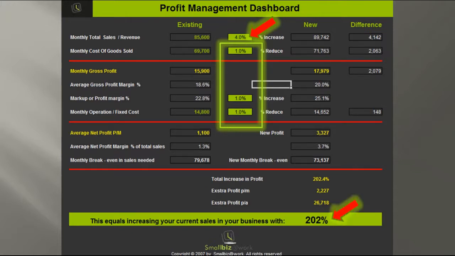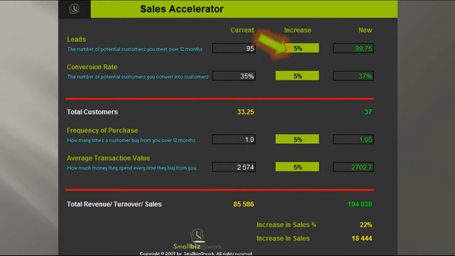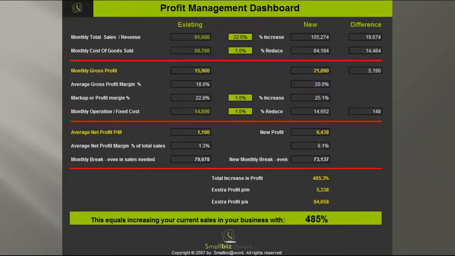Let's see what happens if we make a 5% increase in all 4 steps. Now that is a 22% increase in sales. So let's see what is the effect on our profitability. Wow, with the 22% increase in sales, we increased our profits with 485%.